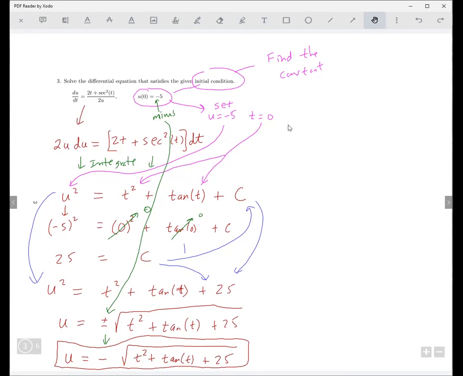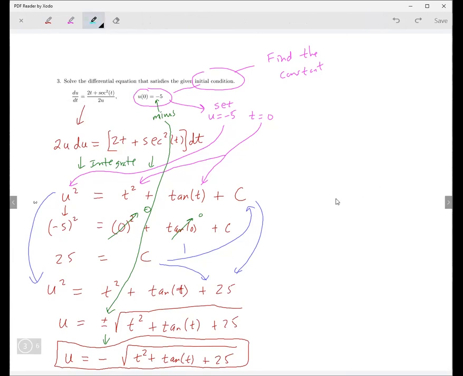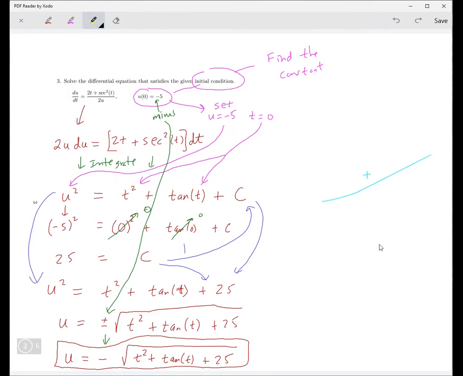Let me think. This right here, when you have a plus or minus, it's showing these are two different curves. The plus might be something like, I mean, this is not what it's going to be, but the plus could be a curve like that, and the minus could be a curve like this.